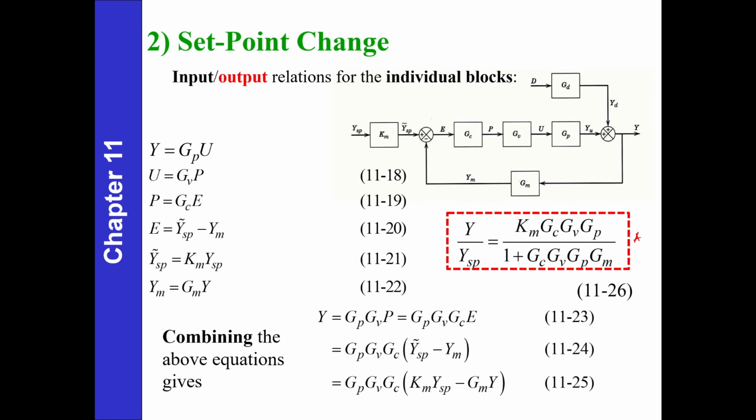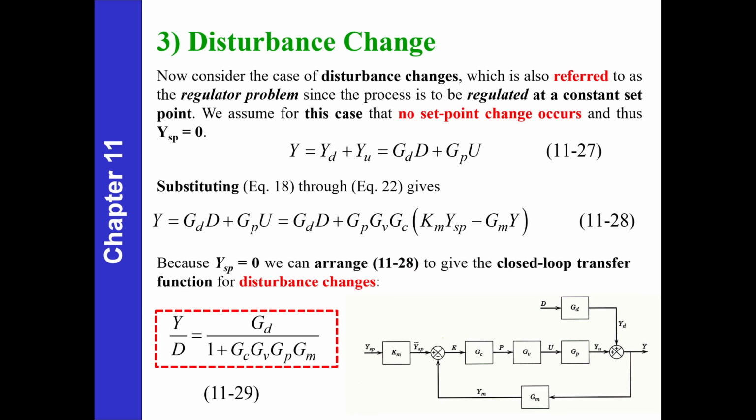I hope you really try it by yourself. Then moving on to a disturbance change. For the disturbance change, you should substitute Y sp equal to 0. You can use the same method. You should start with the same, which is y equal to Yd plus Yu, but this time d is not equal to 0.